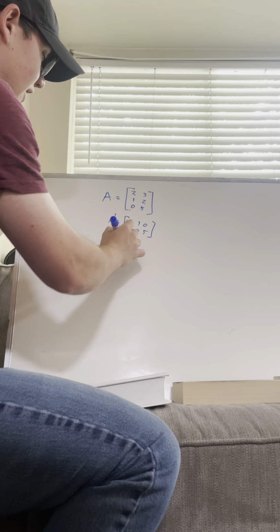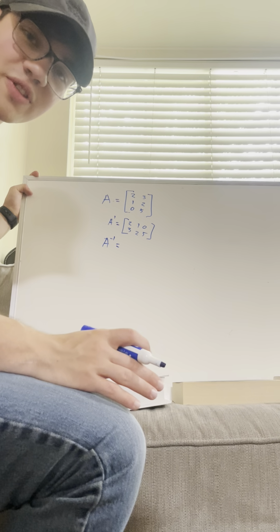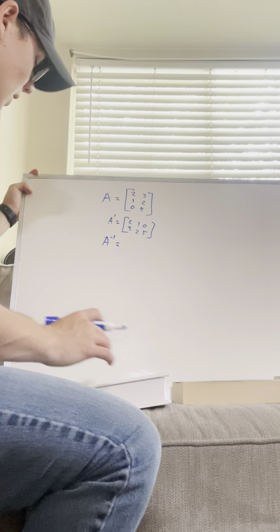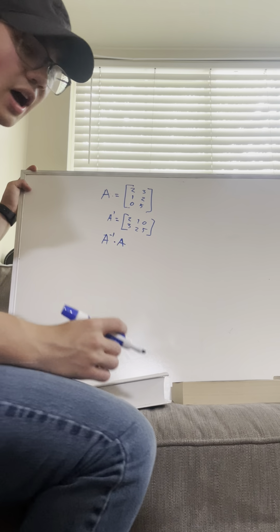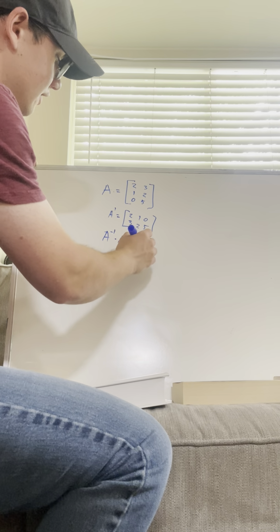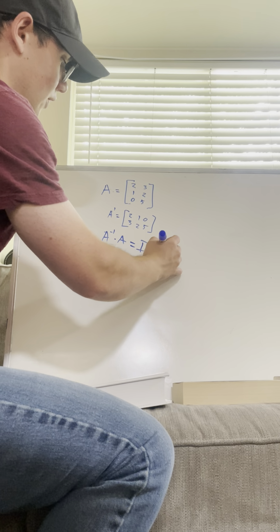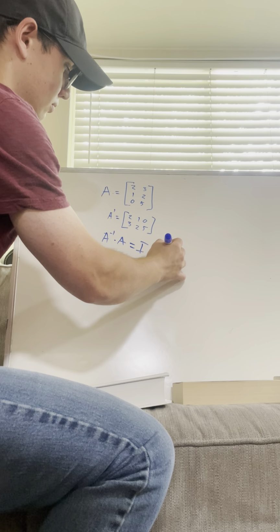If we take the inverse of a matrix, for the purpose of this class, we don't need to calculate what any of these inverse matrices are. But the important thing to know is that the inverse of a matrix times the matrix is equal to the identity matrix, which is a matrix filled with ones and zeros.